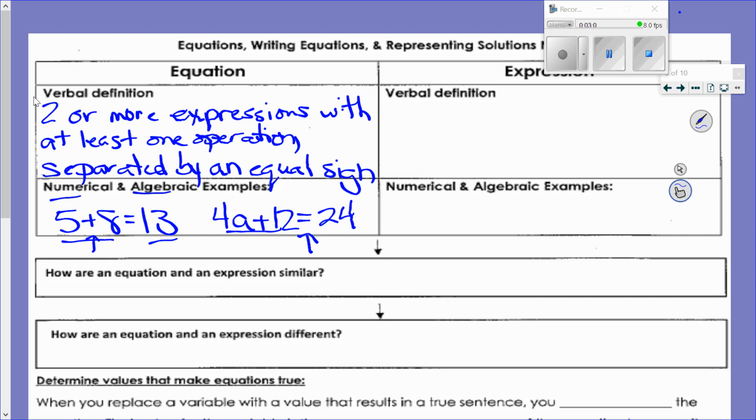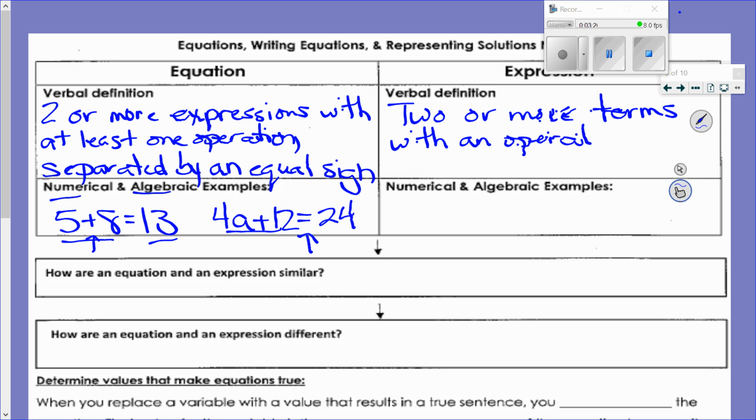So we're looking at, and we just used this yesterday, 2 or more terms that includes either with a variable or just numbers, with an operation, but no equal sign. And that's the biggest difference.